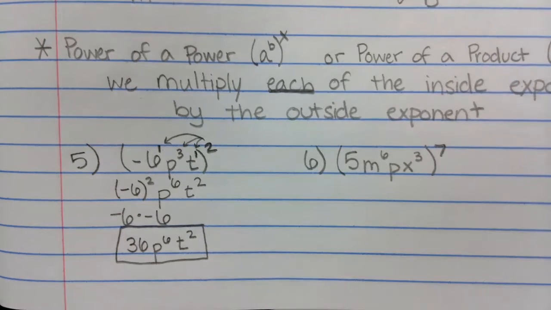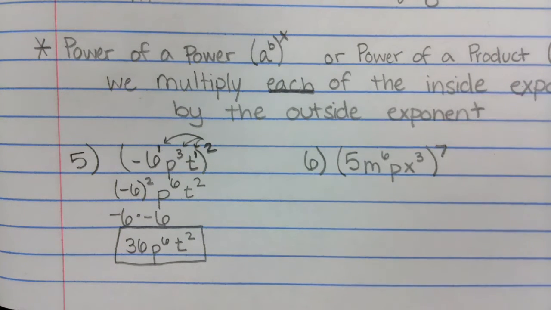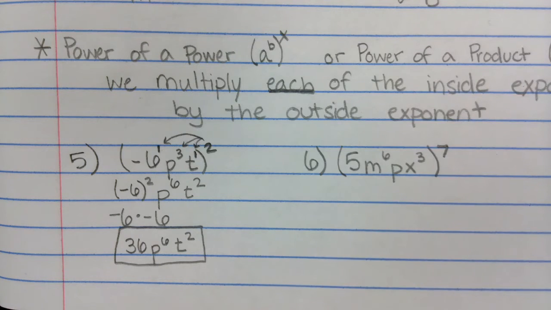Power of 7. So if you want to try and work ahead, I'll give you about a minute to try and figure this one out. See if you can simplify. Try it on your own, or start thinking through it.